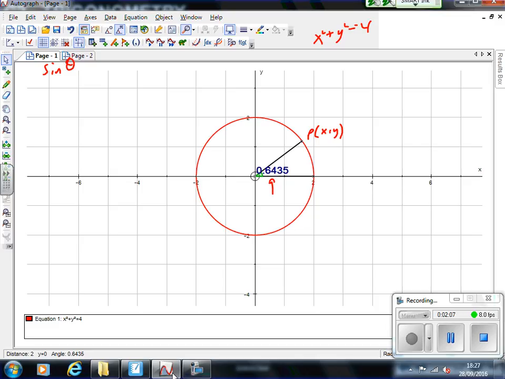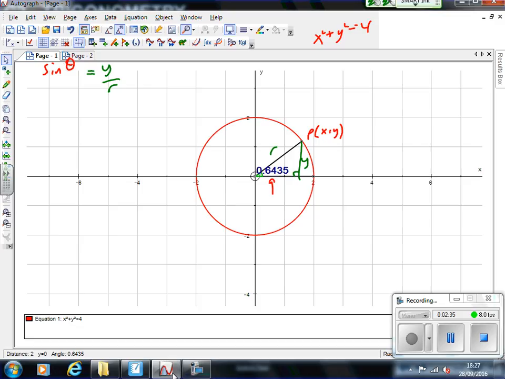I mean, if sine is opposite over hypotenuse, why can sine be negative? Makes no sense. Opposite over hypotenuse, they're both distances, so of course they can't be negative. But of course they can if sine describes the y-coordinate over the radius. This is the radius. This is the y-coordinate, which acts as your opposite, if we're talking about a right angle triangle.